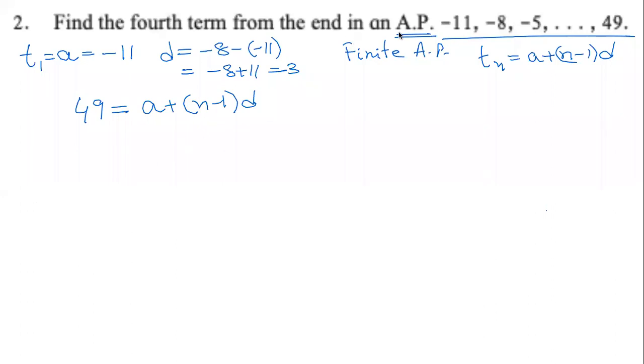We know a and d, right? We substitute the values. So minus 11, n minus 1, and d is 3. Now see what happened. Now we have a linear equation in one variable, 49 equals minus 11 plus n minus 1 into 3. When we solve it properly, we will be able to find the value of n.